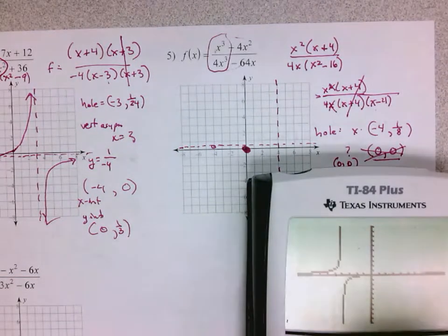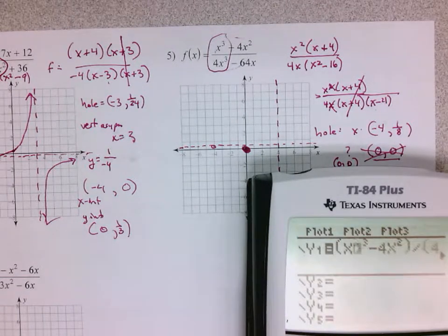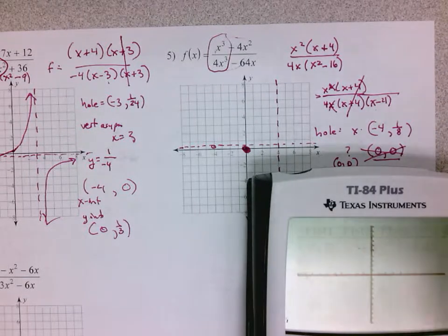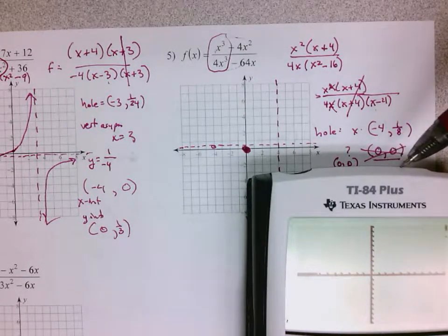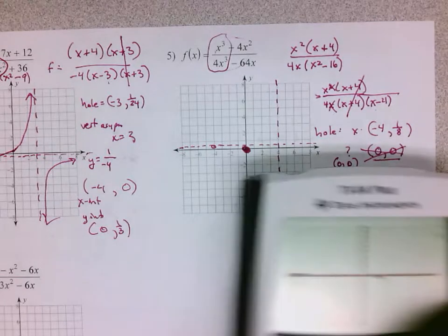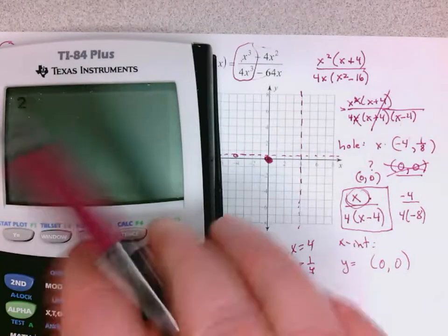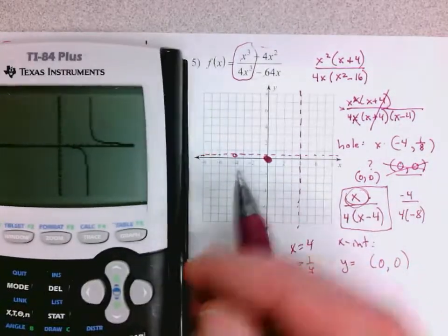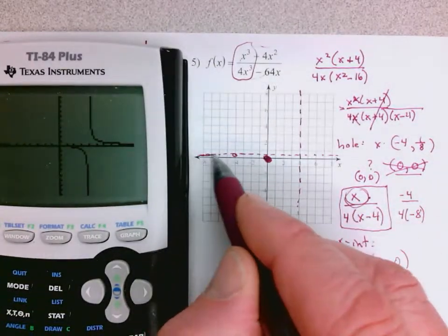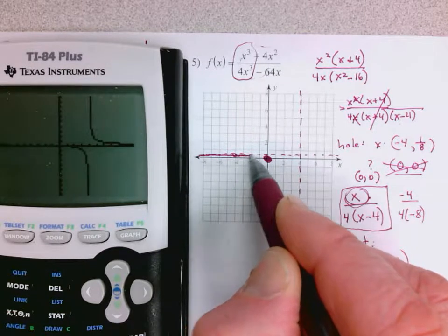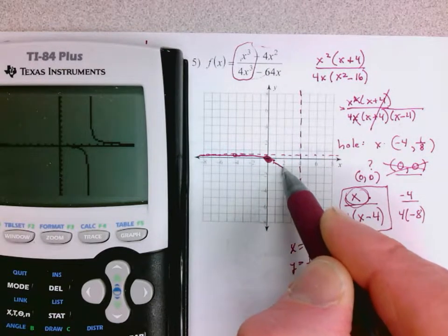Oh, and the original one's plus, so this is why you can do the algebra first, just to double check. I entered it as a minus, change it back to a plus. So you see, when it graphs, it kind of disappears, and then it reappears. So it's scraping along here, goes through the hole, comes back out.